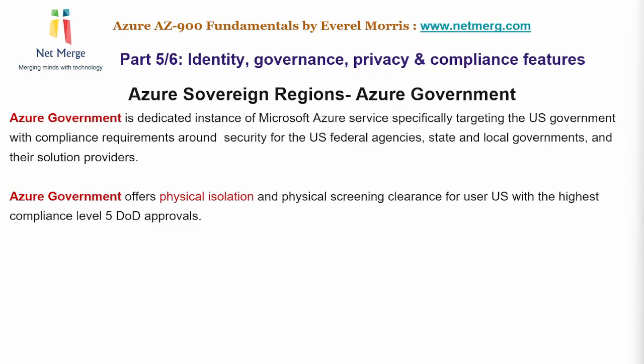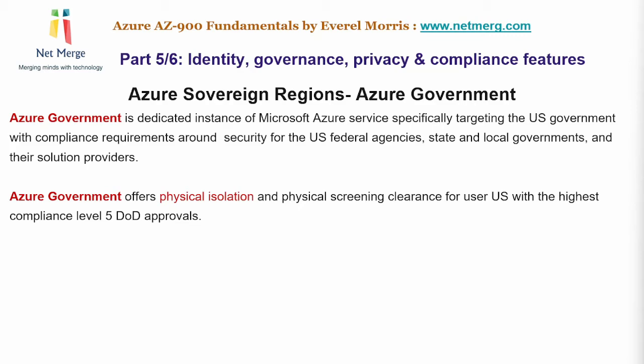Now, Azure Government offers physical isolation, dedicated servers, and physical screening and clearance for their users, with the highest compliance level of level 5 DoD approval. So when you are working with the government as a contractor, say with Lockheed Martin building fighter jets, you have to have high security clearance. The highest level of clearance is level 5 DoD approval.